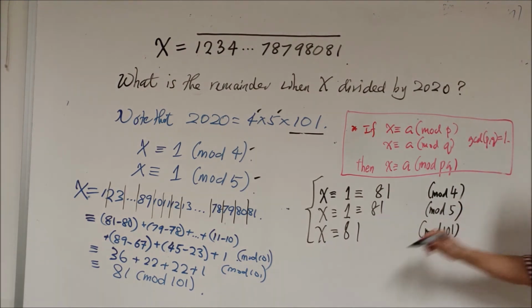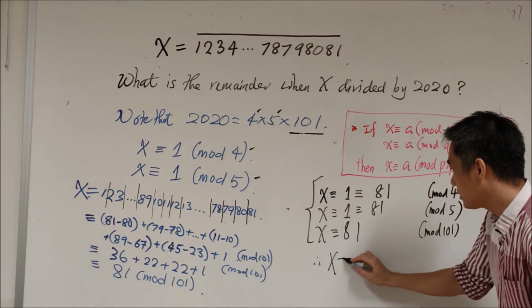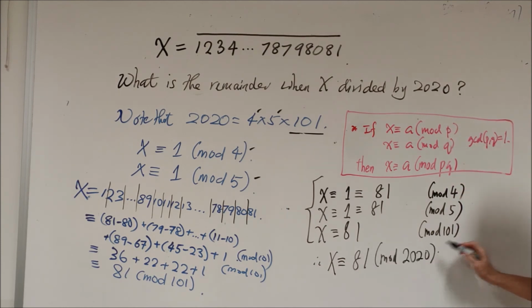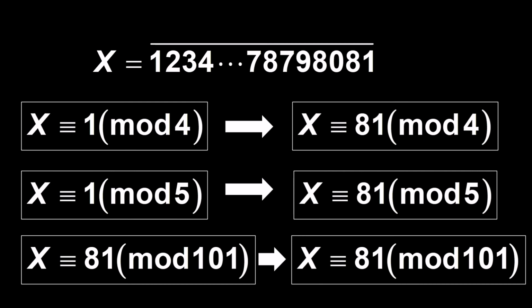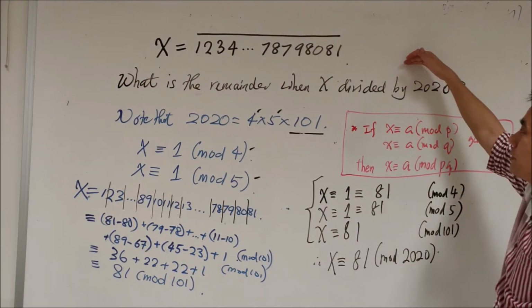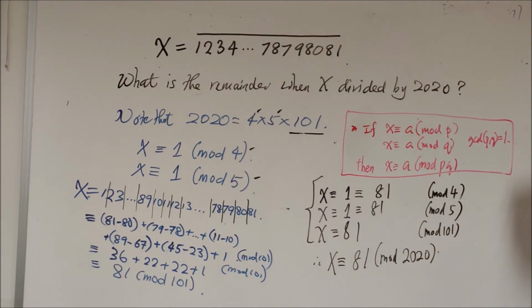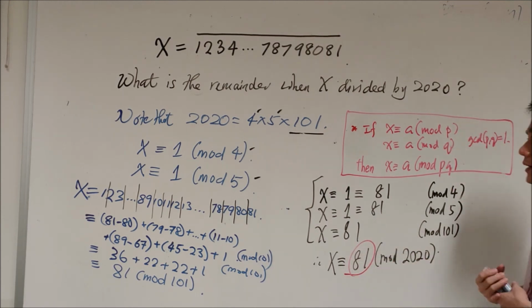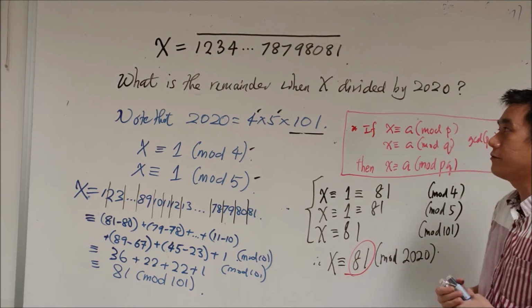According to the result, x is congruent to 81 mod 2020. It means that the remainder when x is divided by 2020 is equal to 81, and 81 is the answer for this problem.